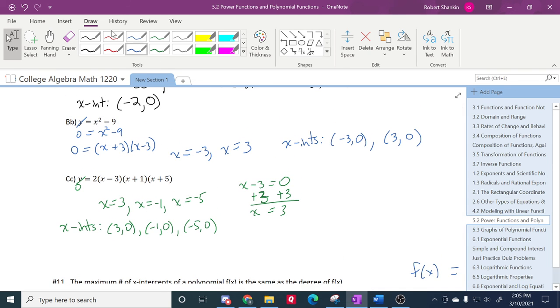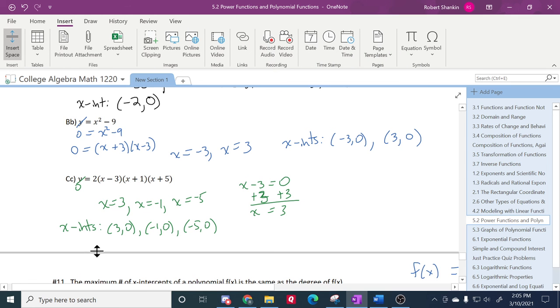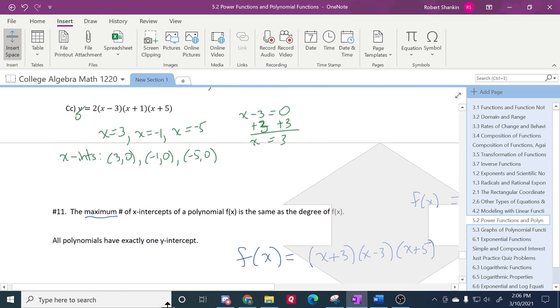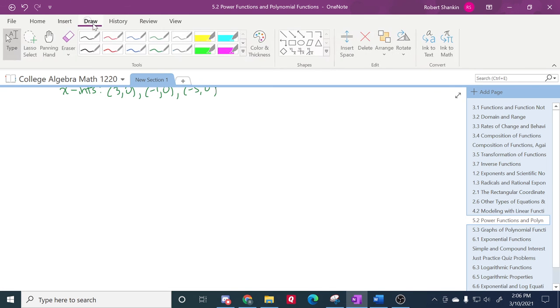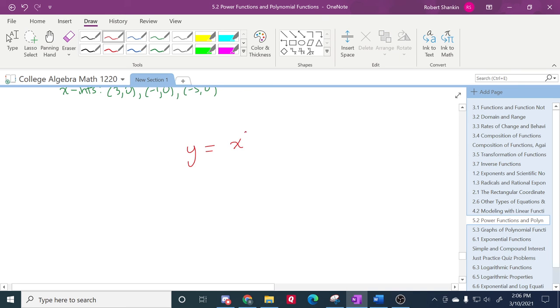Now, let's talk in generalities for a minute. What we are doing is we're going to build up a body of knowledge that we'll be able to look at something like y equals x to the 6th plus da da da da da. It's a big old thing. And we'll be able to say, hey, I know what this looks like in general.